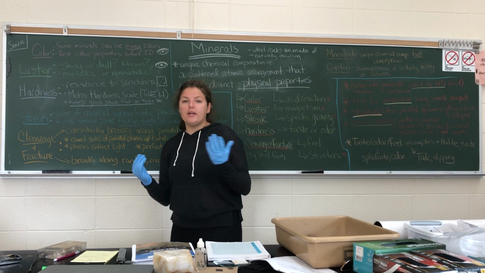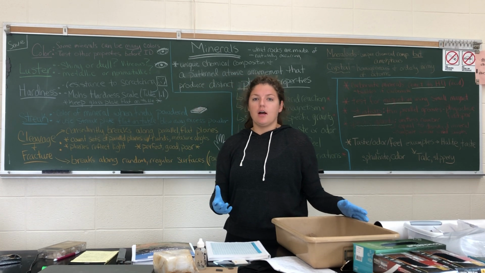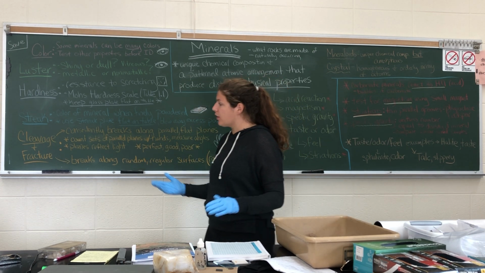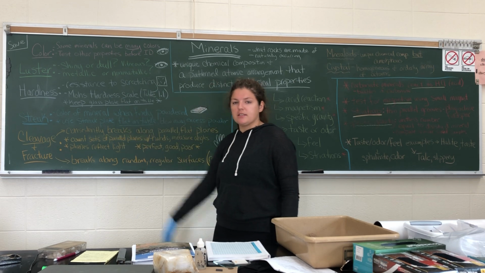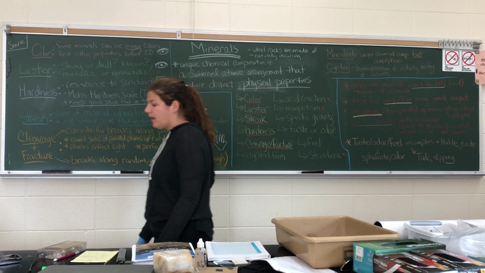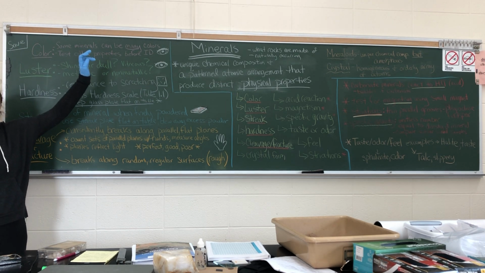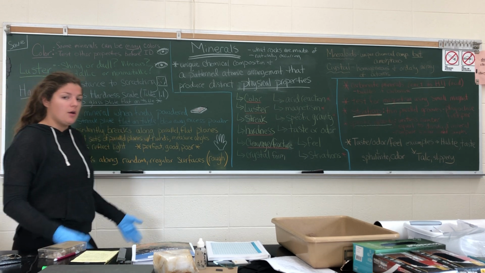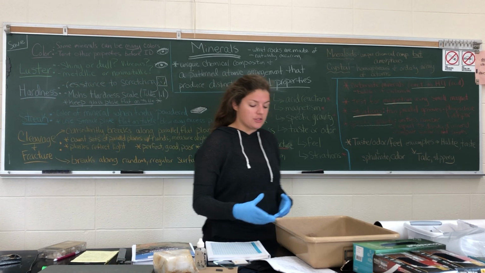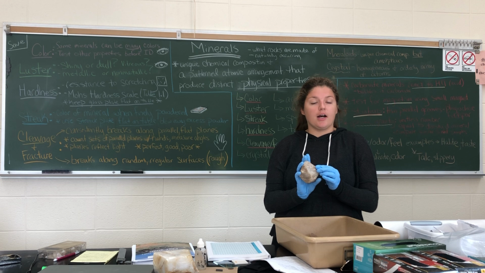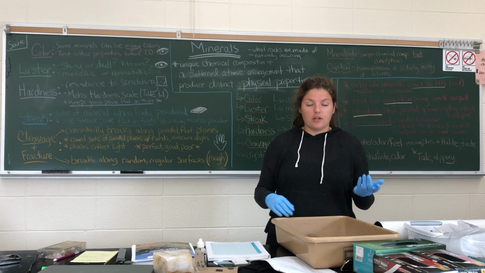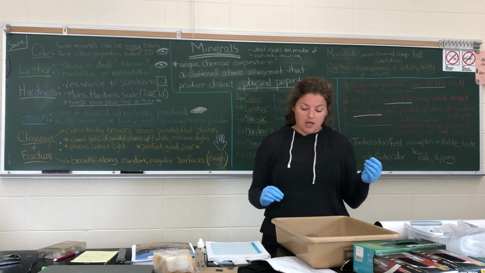So today, what you're going to be doing is you're going to be given a set of minerals, and I want you to determine those physical properties. So to start, the physical property of color. Some minerals can be many different colors. Quartz, for example, can be pink, white, translucent, a darker grayish color, also known as a smoky quartz.